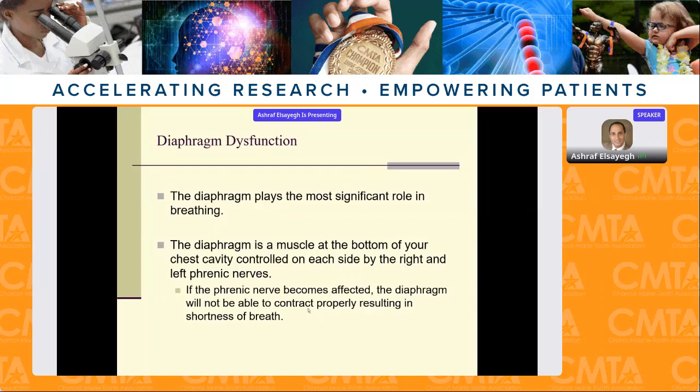And as with any other neuromuscular disease, if there is weakness or damage to the nerves causing weakness in the muscles, well, the phrenic nerves can also become weak, and that can make innervation to the diaphragm weaker, making it more difficult to breathe.